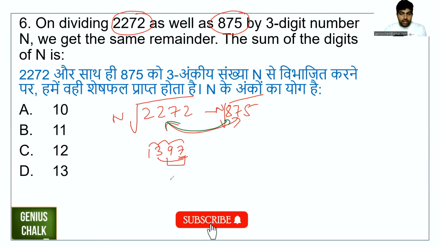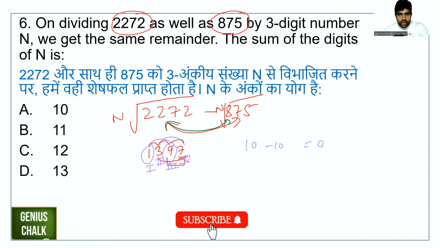10, no. Then 11, check for 11, guys. What is the rule for 11? The sum of the digits at odd places, first place and third place, and the sum of the digits at even places, second place and fourth place, should be equal or differ by 0 or a multiple of 11. Here both sums are 10, so the difference is 0. Yes, this number is divisible by 11.